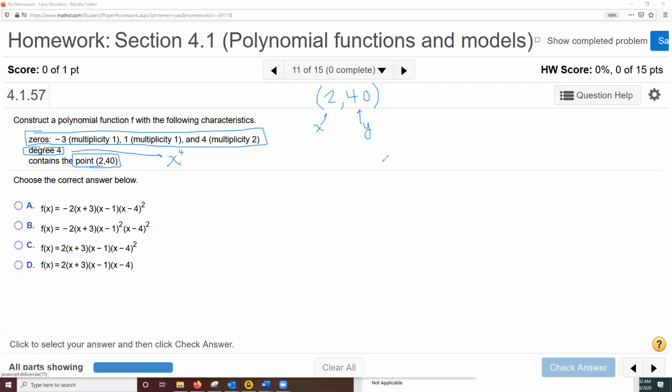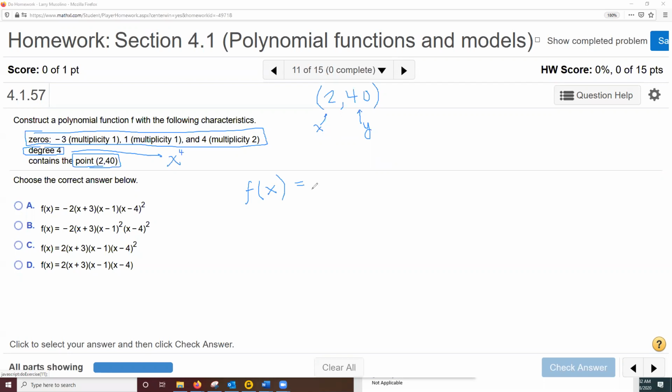Notice they're not telling me here that the leading coefficient is 1. In the previous examples, they said, assume the leading coefficient is 1. They're not telling me that here. All right, let me set up the polynomial function just as we did previously.